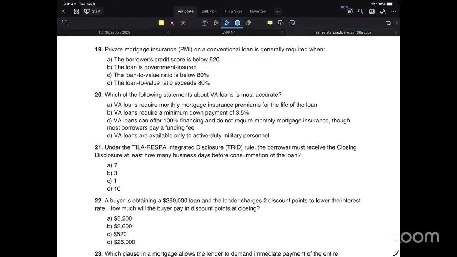Is it A, the borrower's credit score is below 620, B, the loan is government issued, C, the loan to value ratio is below 80%, or D, the loan to value ratio exceeds 80%.